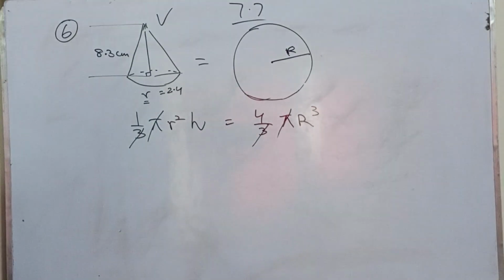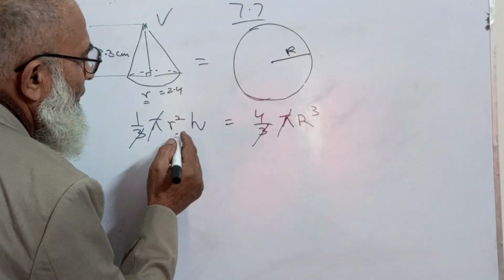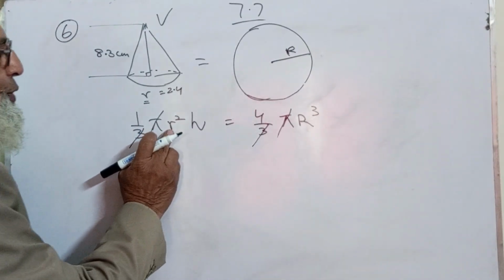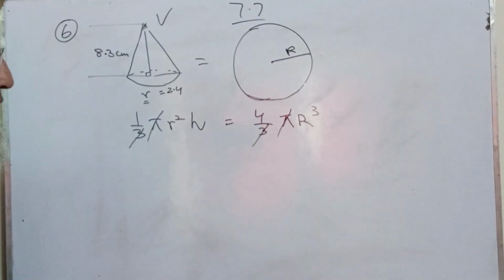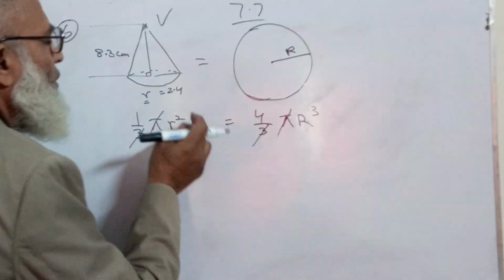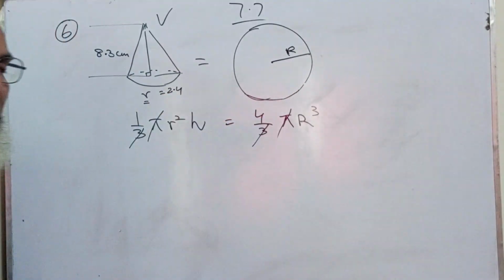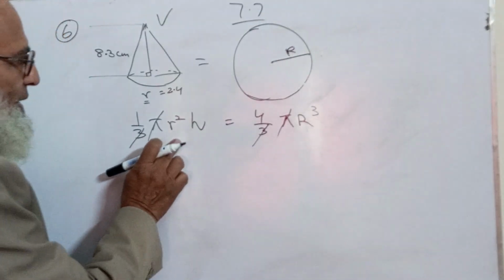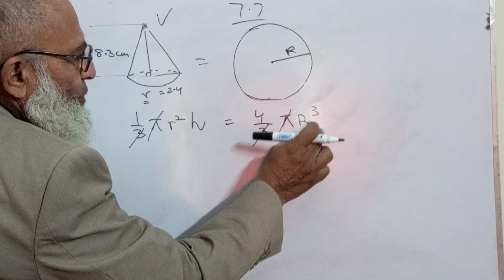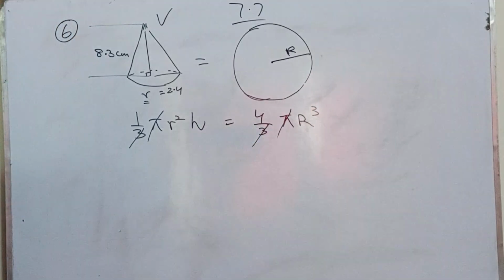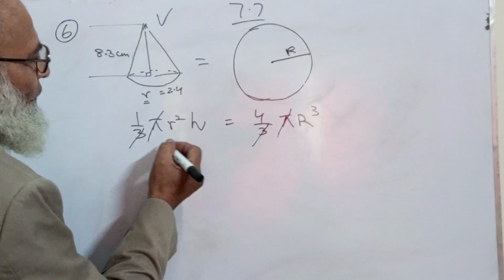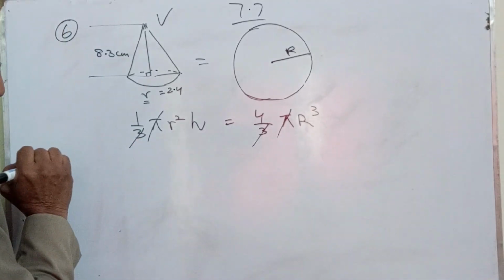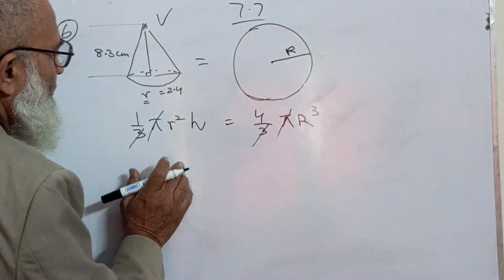Since this r is unknown to us, we cannot cancel it, otherwise one r would have gone, as this is r square and this is r cube. So we have to calculate the rest.